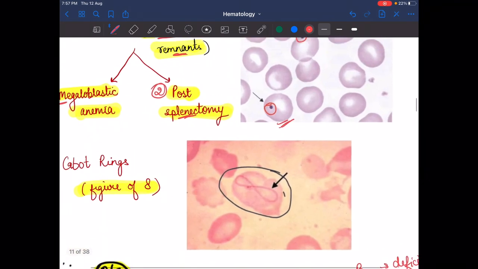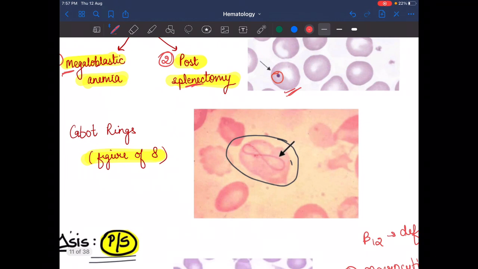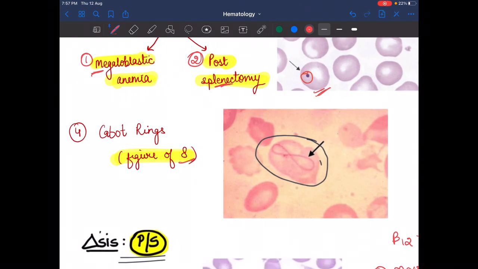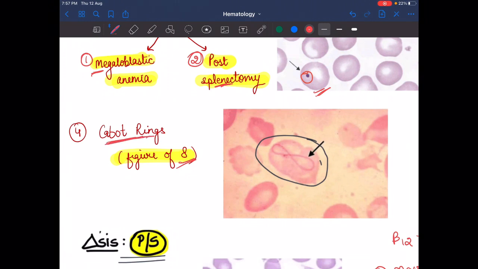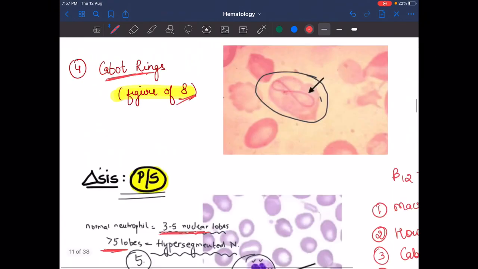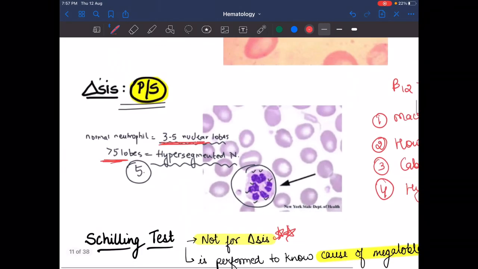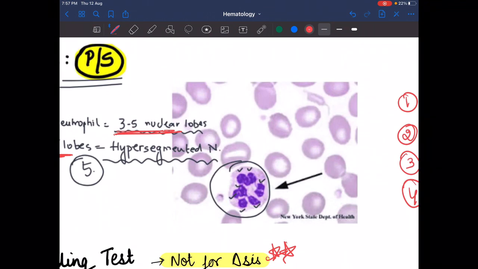The third finding is the figure of 8, also known as Cabot rings. It may be a figure of 8, or it may be some round structure. It can be in any shape, but these are the Cabot rings, findings of vitamin B12 deficiency on the peripheral smear. One more finding is hypersegmented neutrophils. As we see here, there are more than 5 segments.